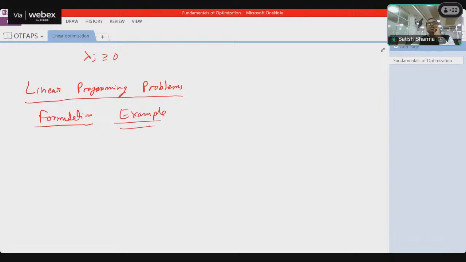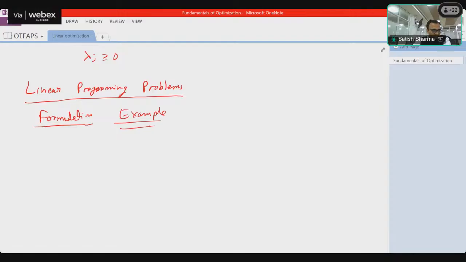We discussed the process of optimization earlier in the morning: first identifying the problem, then identifying the objective and the set of constraints. What are the different parameters which can affect my objective? I have to take care of each and every part.